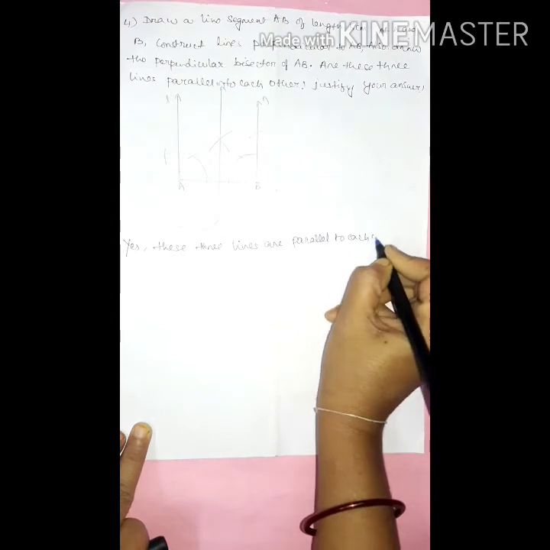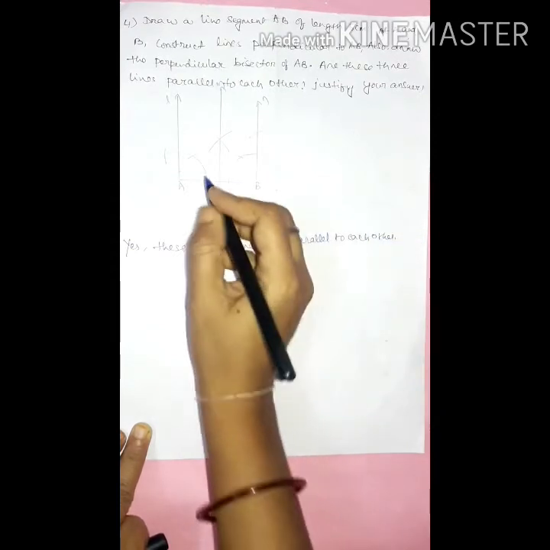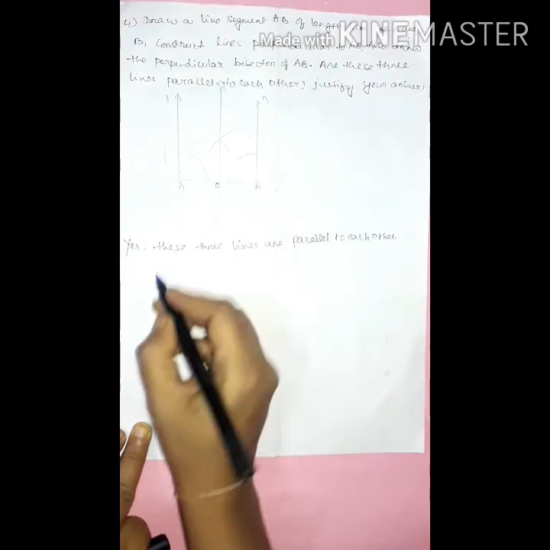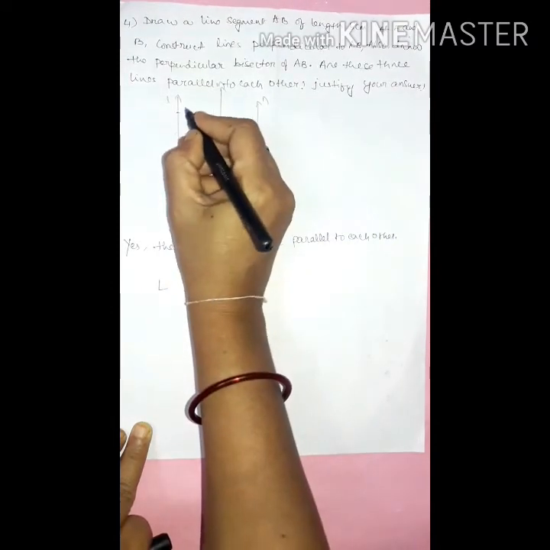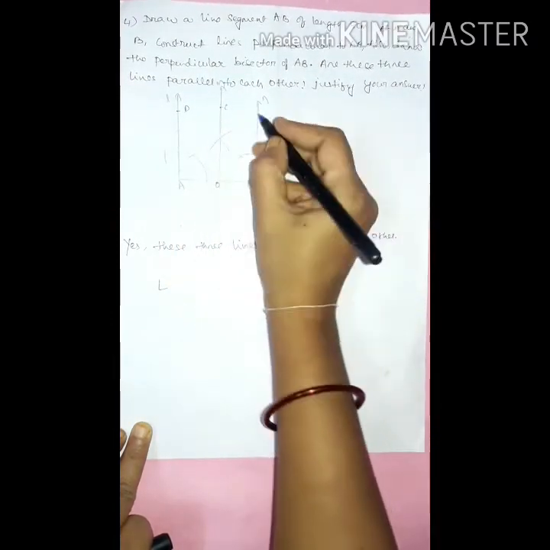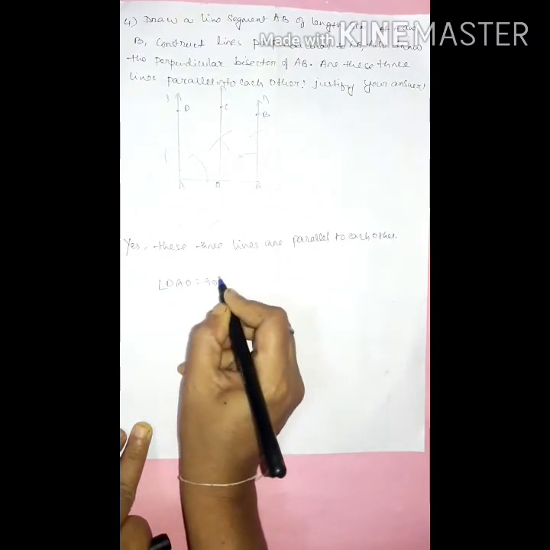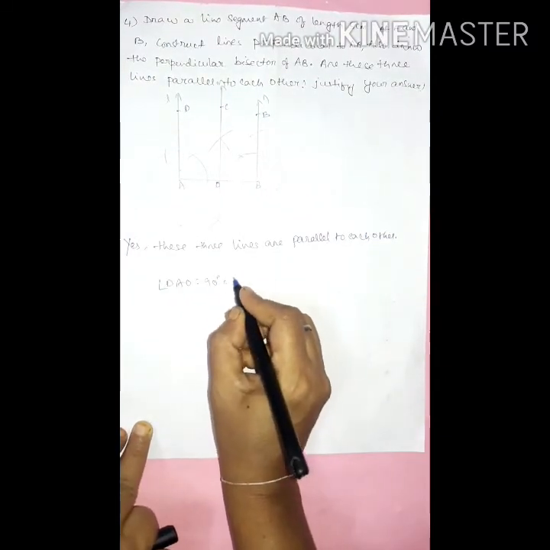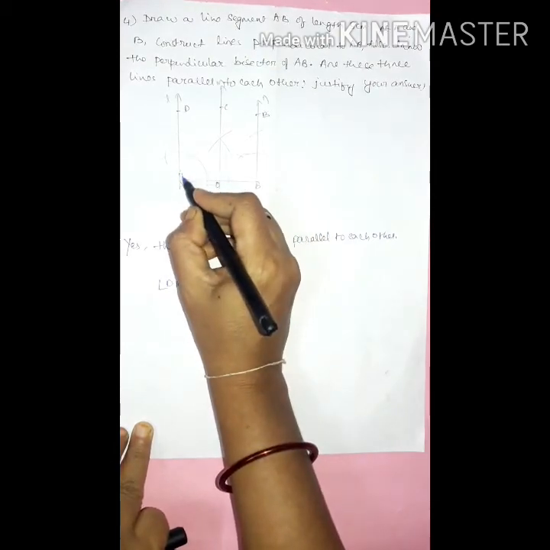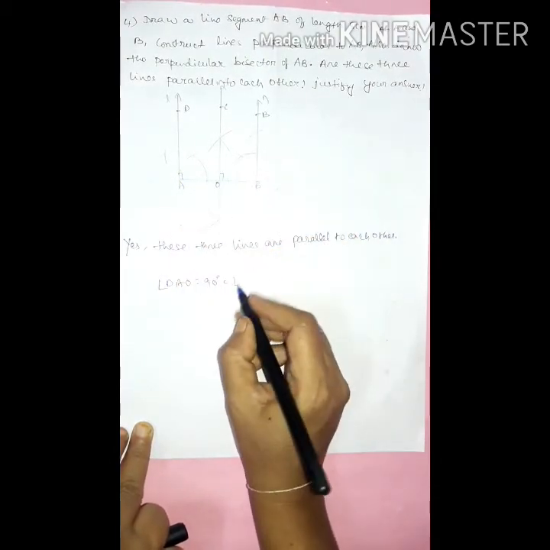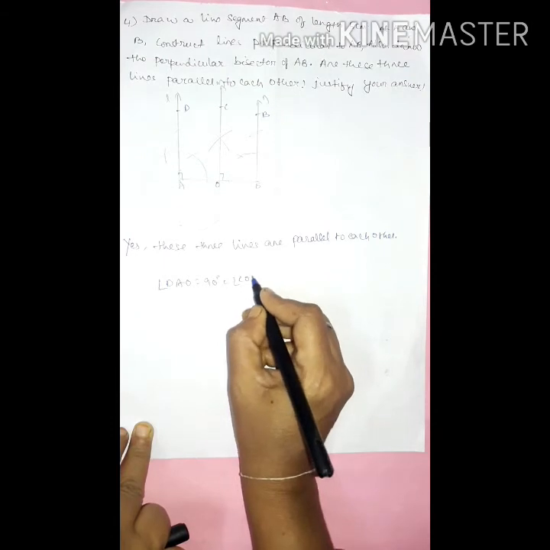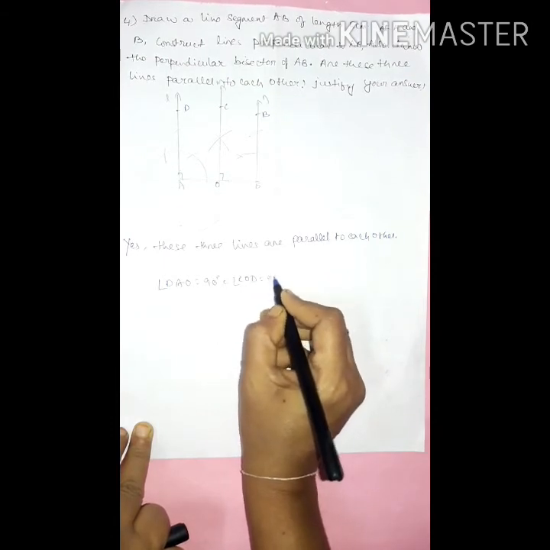Why? Let this be O, angle DAO and angle COD. Angle DAO is 90 degree, angle COD is also 90 degree.